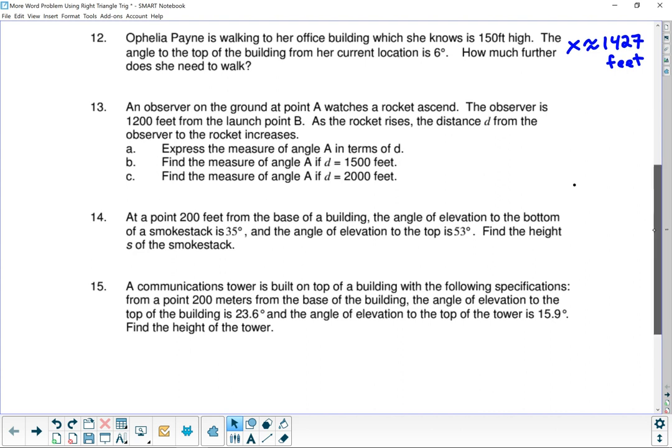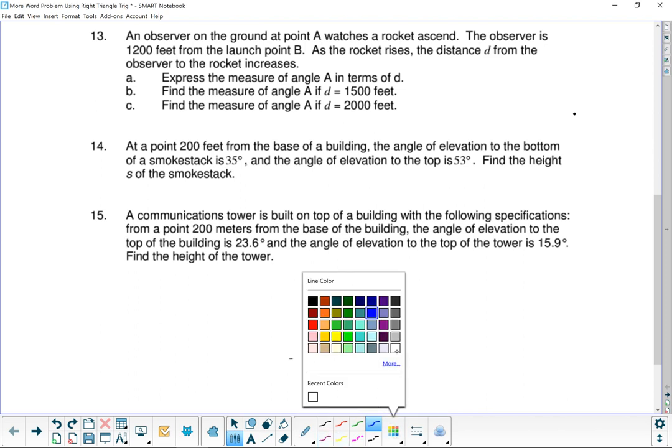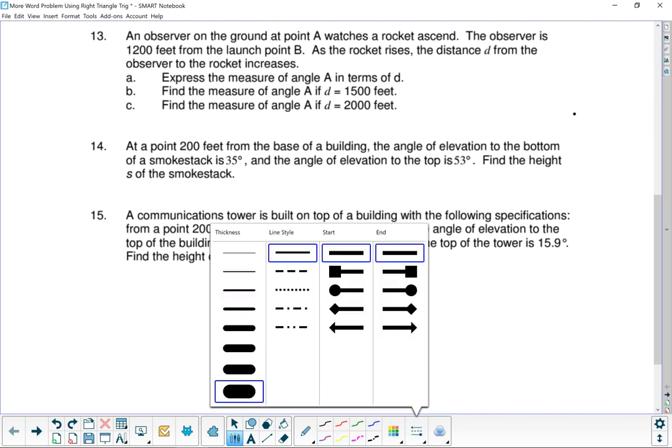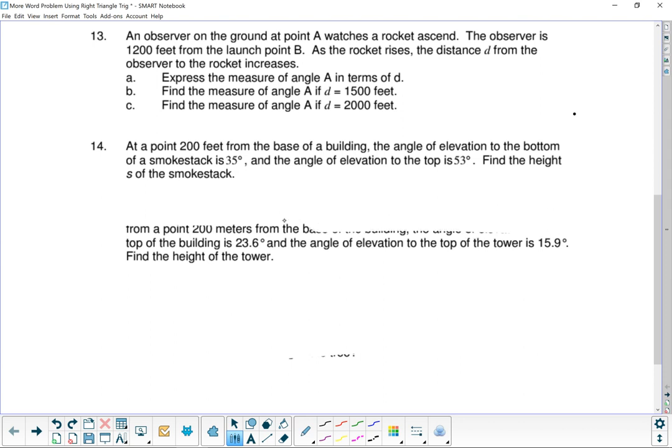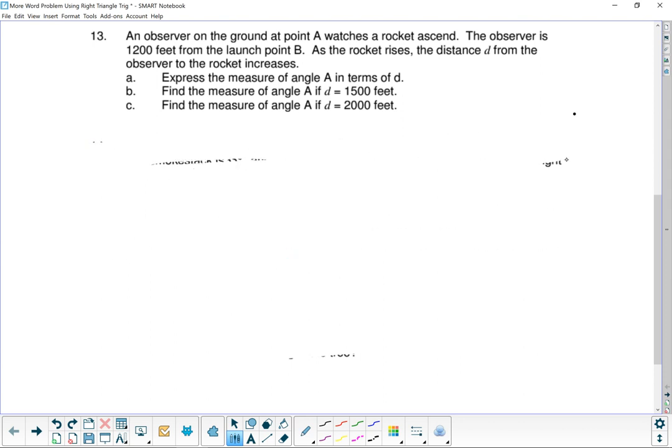Number 13. An observer on the ground at point A watches a rocket ascend.